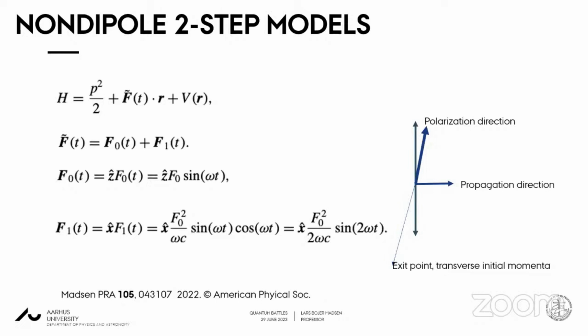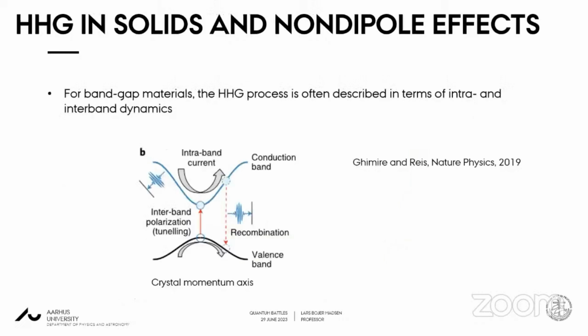So I have a non-dipole corrected exit point. That's important when you do this type of thing. Moreover, we normally like to sample over the transverse momentum, and that's now not with respect to this axis, but with respect to a slightly tilted axis. This has to be included, and it's easy to do in two-step type of modeling.